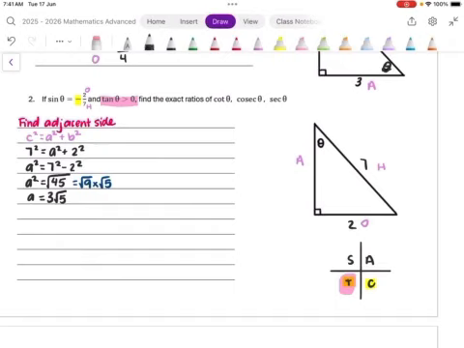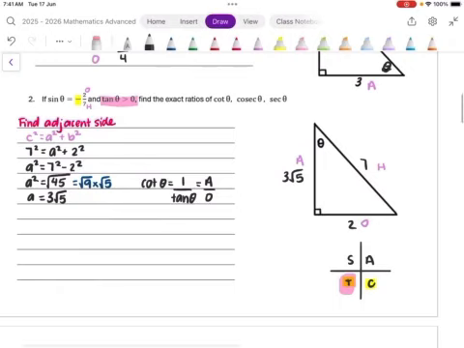Now what we want to do is find out what cot theta equals, cosec theta equals, and sec theta equals. So cot theta is going to be positive because we are in our tangent quadrant. I'll just put my 3 root 5 over on my triangle. And because cot is equal to 1 over tan theta, which is equal to a over o, that is going to be positive.